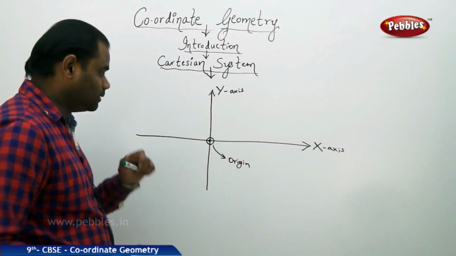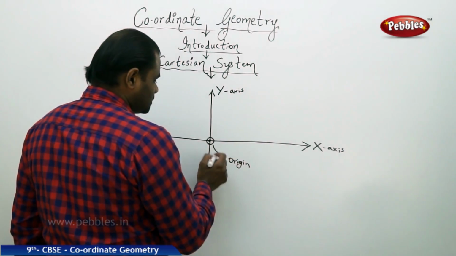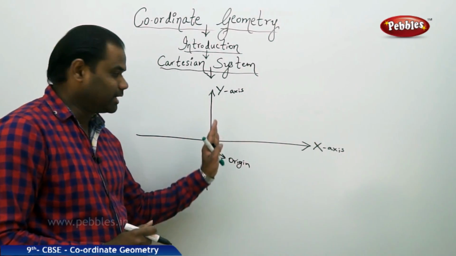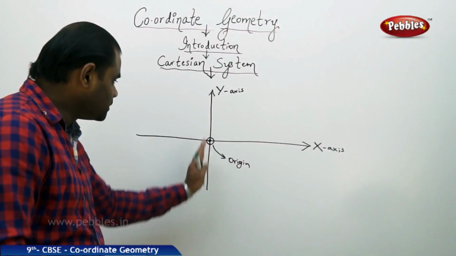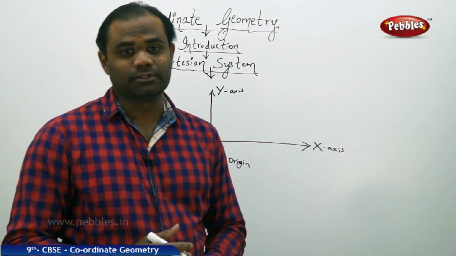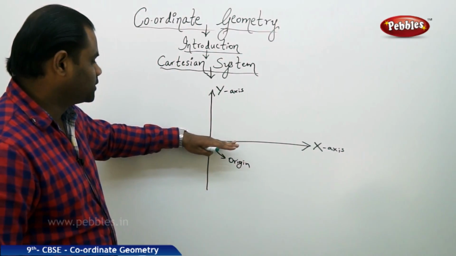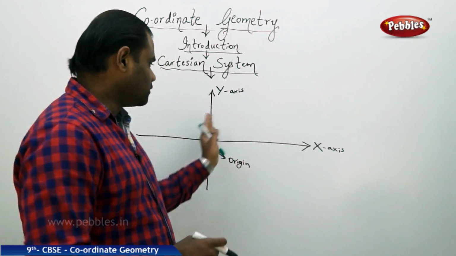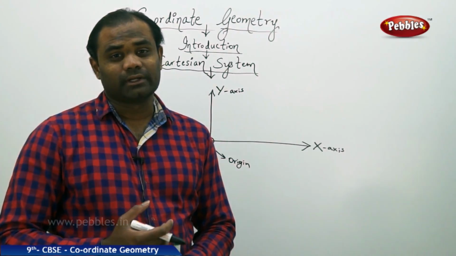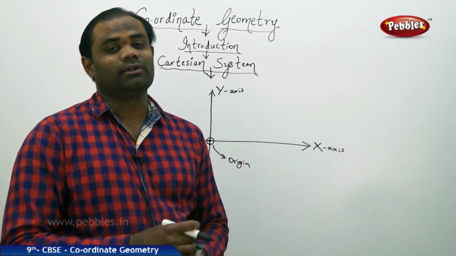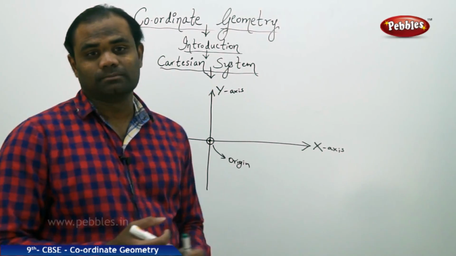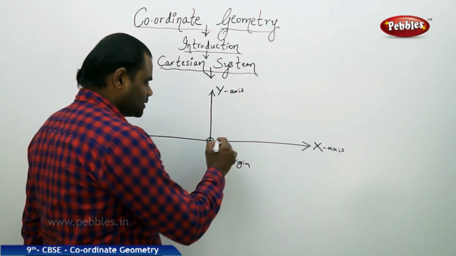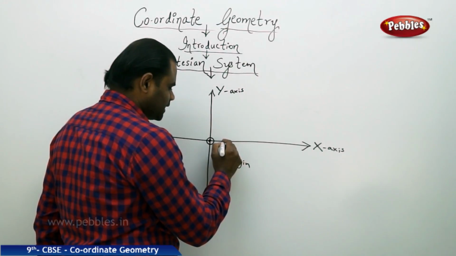Let's continue further. Here comes the understanding of the definition for the right side of the origin, the left side of the origin, and up and down from the origin. Each of the four directions has its own definition as a rule of the Cartesian system. Therefore, I define the right side of the x-axis as the positive x-axis.